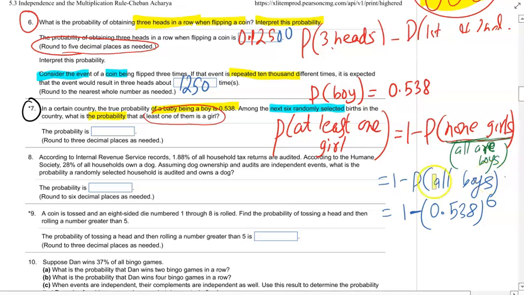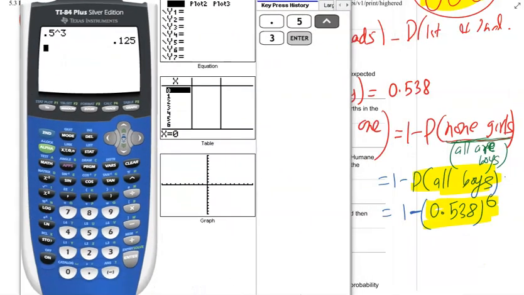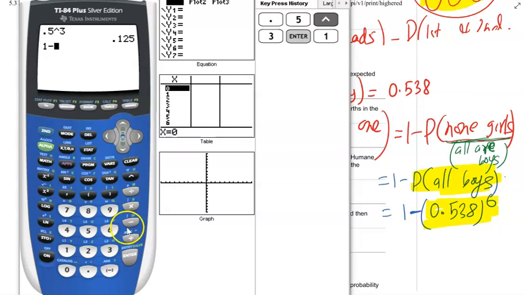I use the calculator. Let's do that for you. 1 minus 0.538 to the power 6.